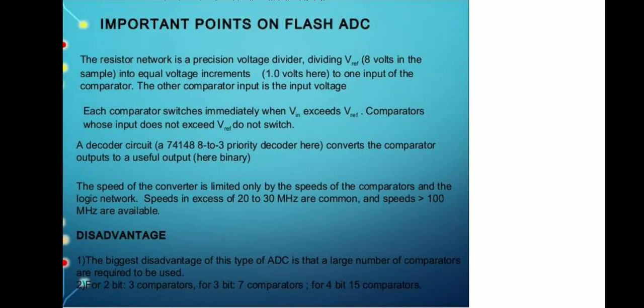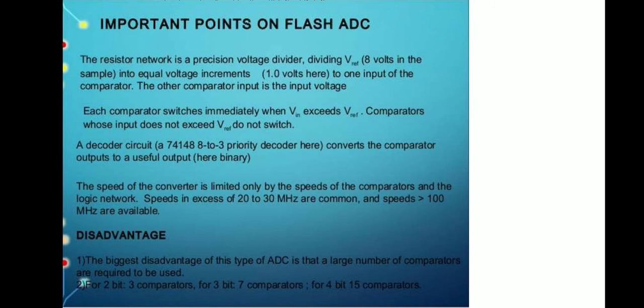A decoder circuit, the 74148, an 8 to 3 line priority decoder, converts the comparator output voltage to a useful binary output. The speed of the converter is limited only by the speed of the comparators and the logic network. Speeds in excess of 20 to 30 MHz are common, and speeds up to 100 MHz are available.